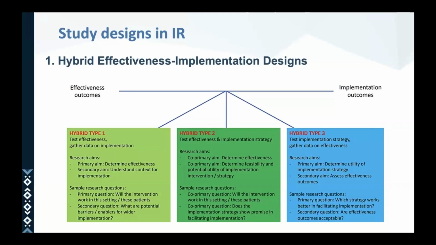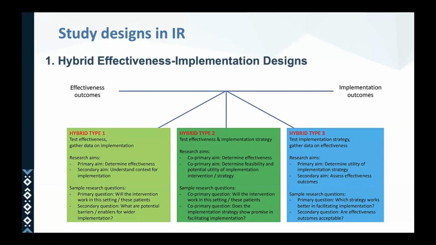An example of a co-primary research question: will the intervention work in this setting or for these patients? Or does the implementation strategy show promise in facilitating implementation? Together we are testing effectiveness and implementation in type 2 hybrid designs.